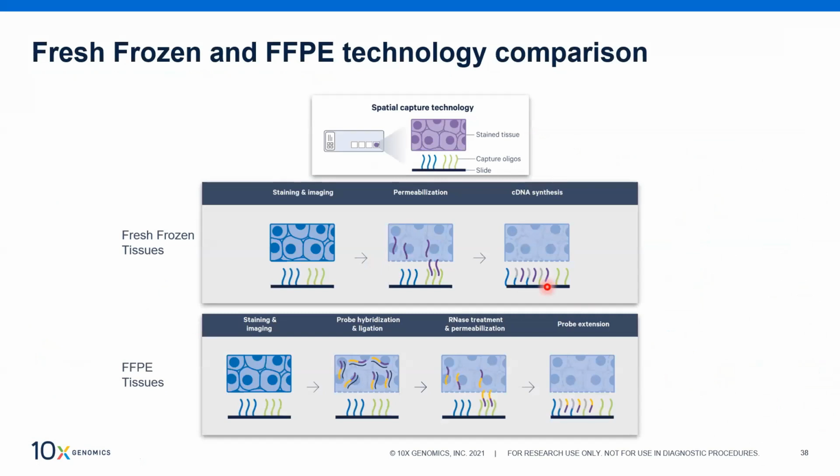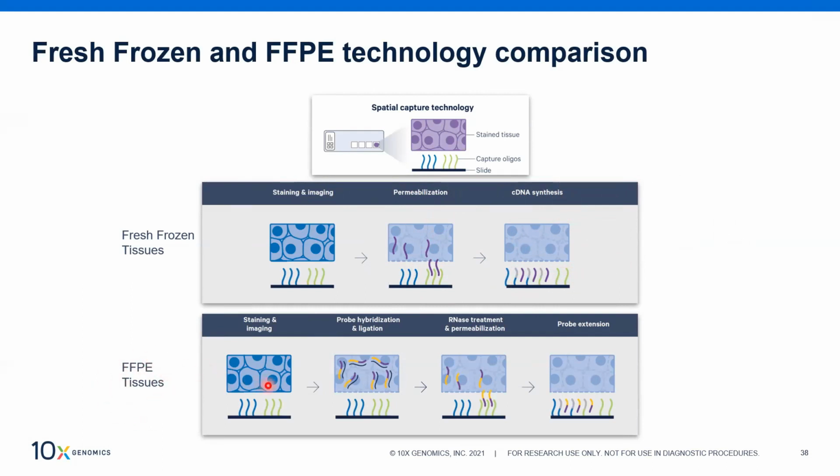Now, if you see the workflow differences, with the fresh frozen tissue, the staining and the imaging is happening directly. Then permeabilization is happening to release the RNA. And then cDNA synthesis is happening on the slide itself. Now the molecules are getting barcoded. And once you prepare the library, you will map the data to the location on the tissue image.